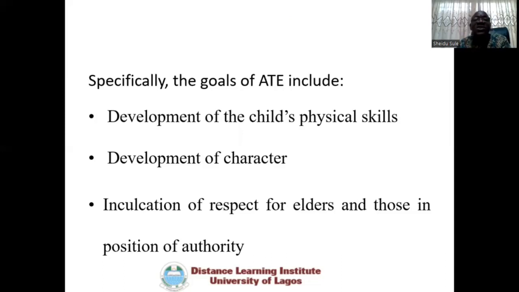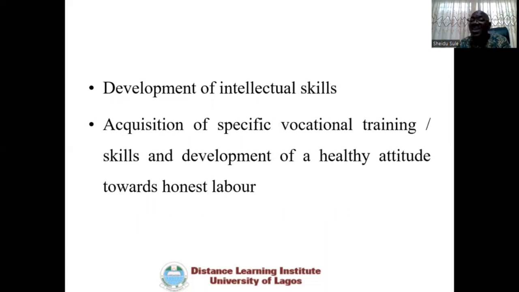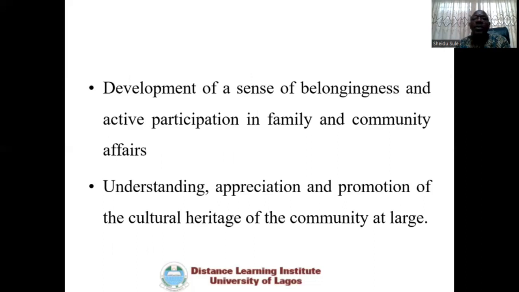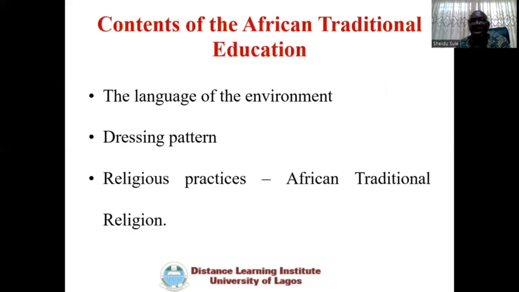However, specific goals include development of the child's physical skills, development of character, inculcation of respect for elders and those in positions of authority, development of intellectual skills, acquisition of specific vocational training skills, development of a healthy attitude towards honest labor, development of a sense of belongingness and active participation in family and community affairs, and understanding, appreciation, and promotion of the cultural heritage of the community at large.